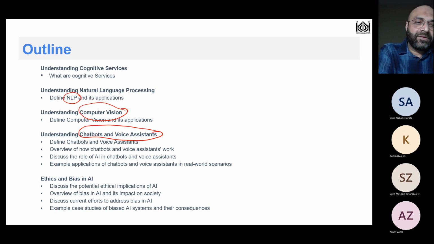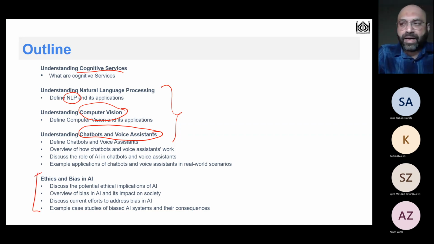So we're going to be covering these three major areas in AI, and then the cognitive services. And in the last, if time permits, we're going to cover ethics and biases in AI: their potential implications, an overview of them, the current efforts on how they are being addressed, and some case studies we're going to look into.